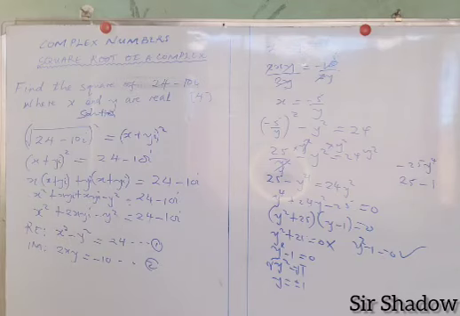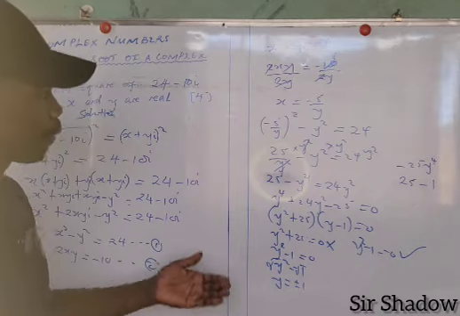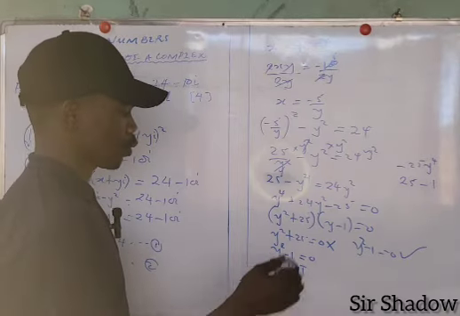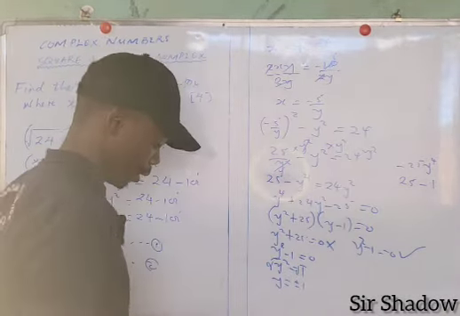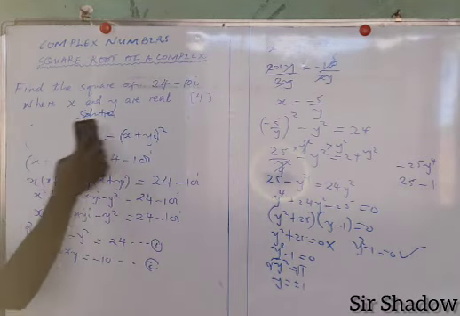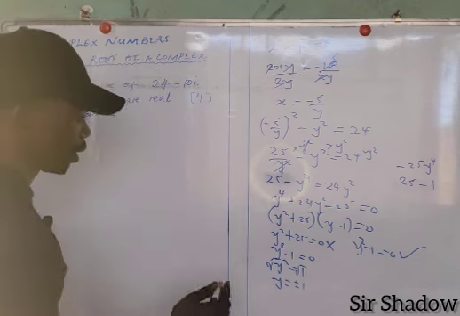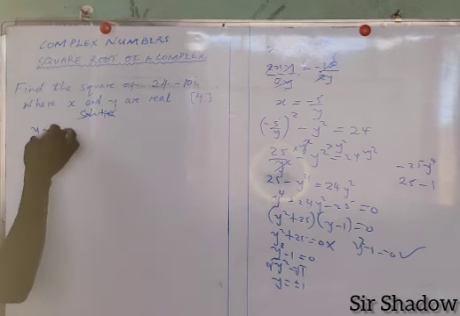Let's now find the values of x, since we have the values of y. Let's see how to find the values of x if we have those values of y. So let's say y is equal to 1.